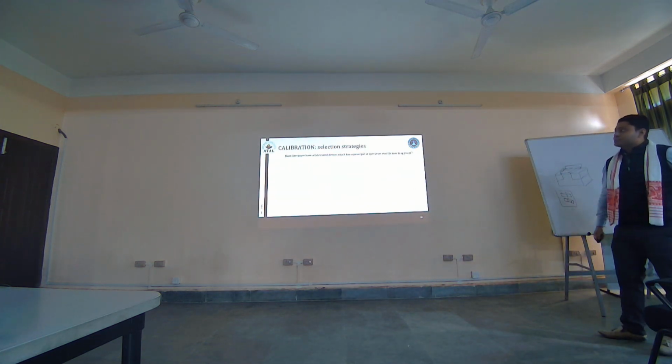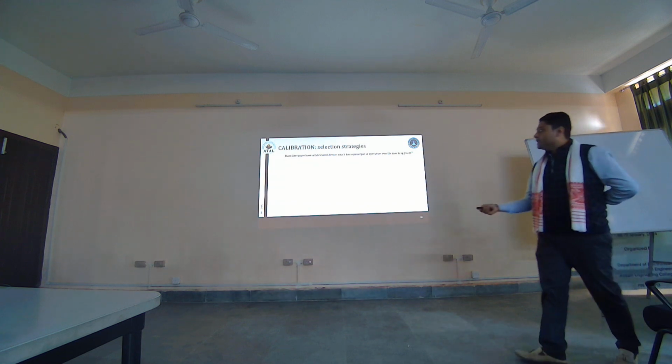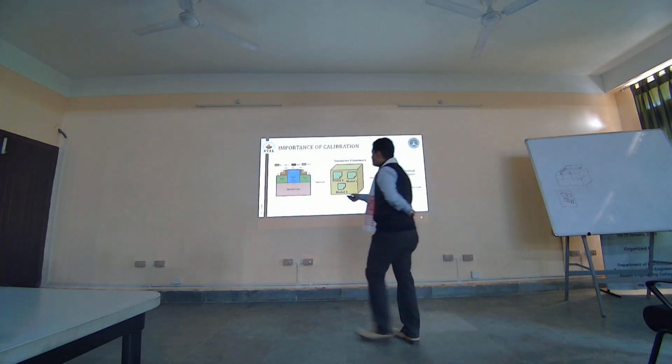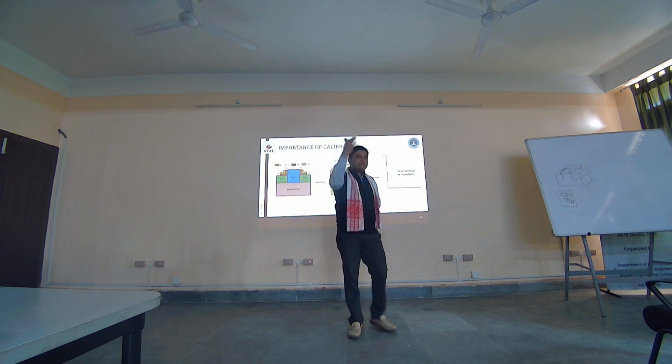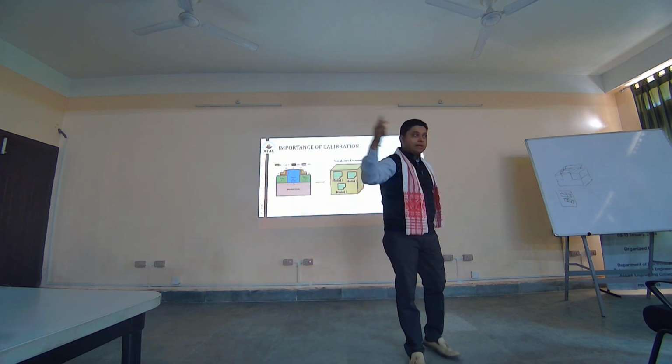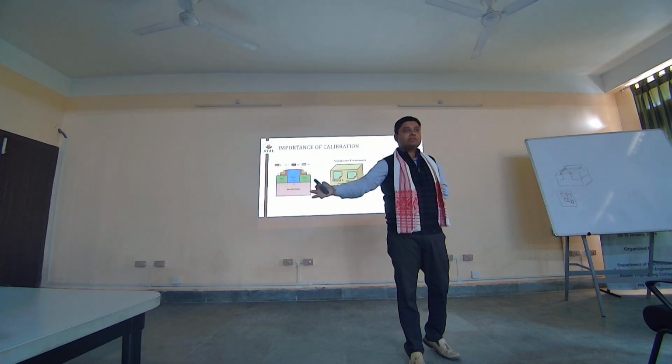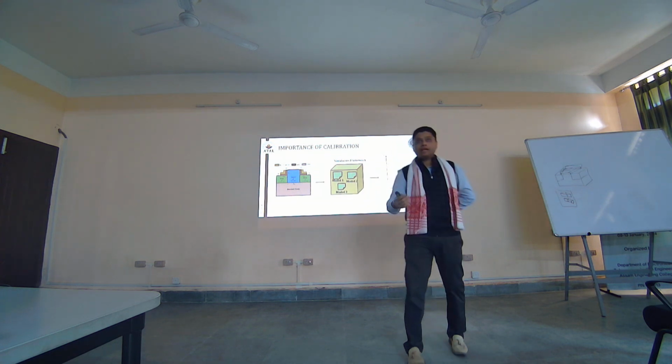Selection strategies. For example, as I have said here, this is one device which I have designed, which I thought from my mind was going to work, but I am yet to check its characteristics. I only thought about that, right?